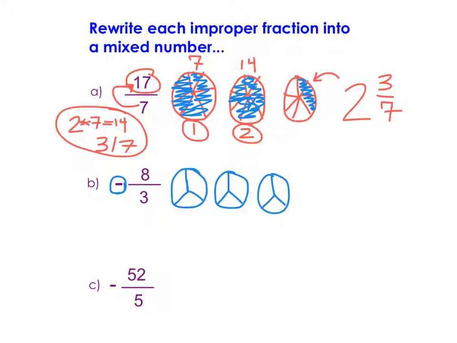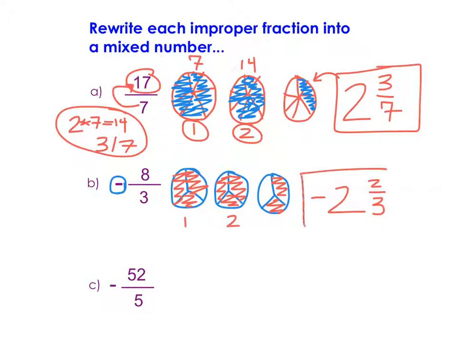So if I count, 1, 2, 3, 4, 5, 6, 7, 8. So when I look there, I have 2 full pies, and then I have 2/3 left over in the last one. Because this was a negative to start, my answer will be negative at the end. So you put that negative back in at the very, very end.